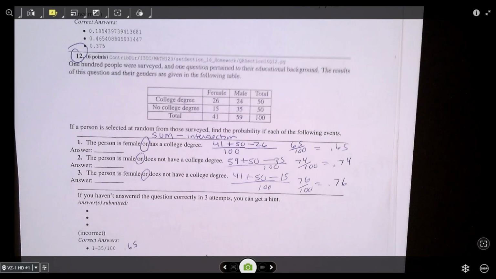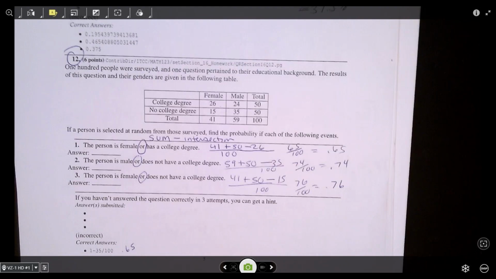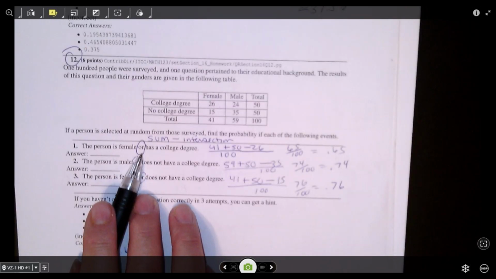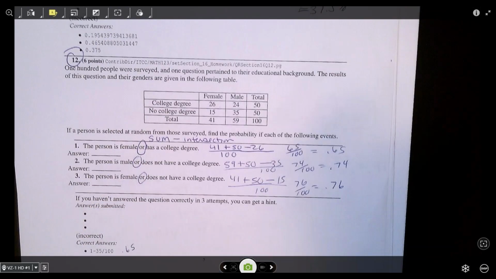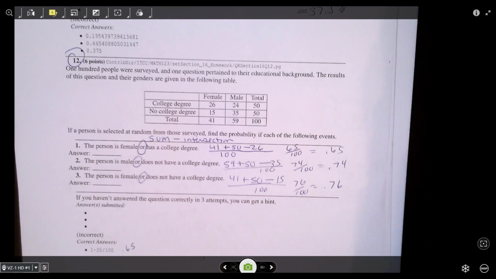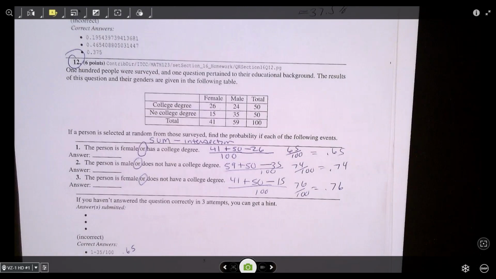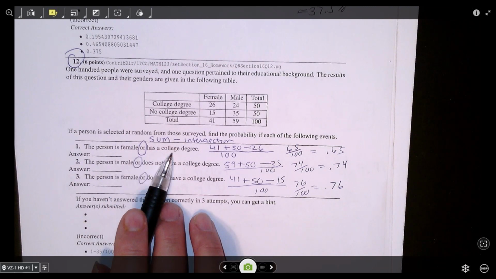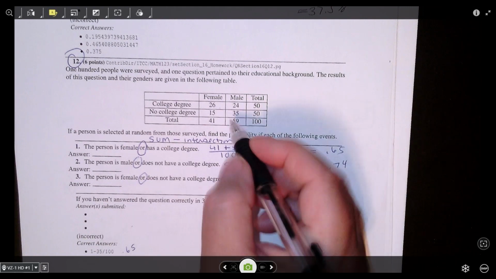On to 12. We're back to an or, which is probably the harder one for most people. The person is female or has a college degree. So that's where we take both sums.